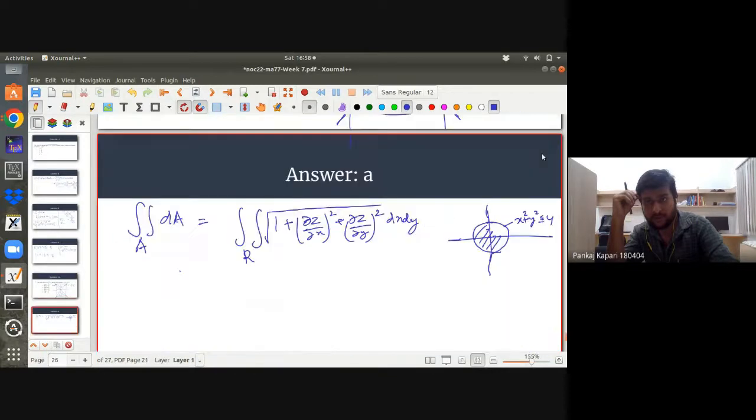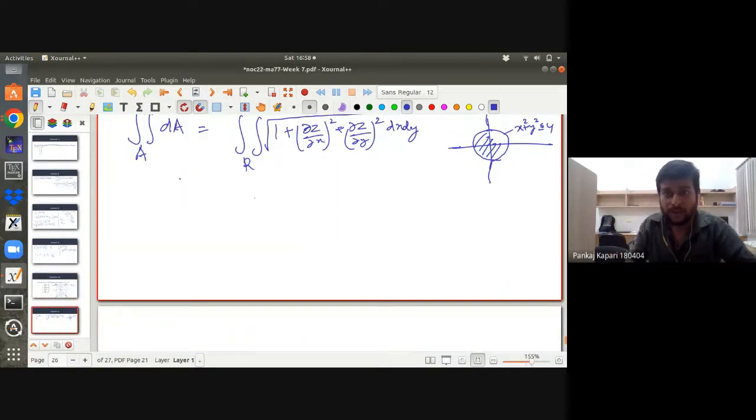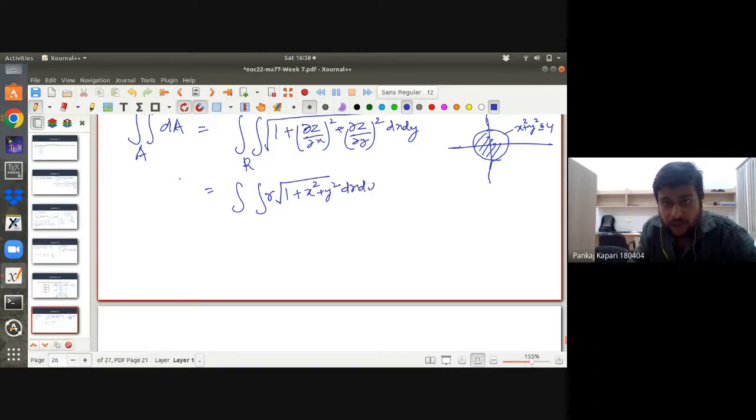Okay, so let's find the derivative of z with respect to x. Note that z is equal to x square by 2 plus y square by 2. So it will just become the square root of x square plus y square, times r dr d theta.